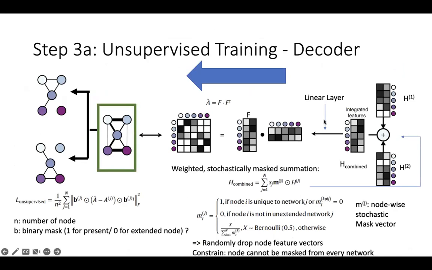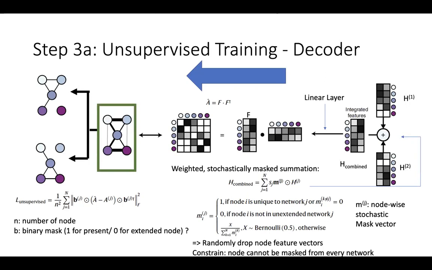Since they have that, they have a mask factor to do the summation. If this node is present in the input network and only unique to this one network, not in the others, we will assign the highest weight to this feature vector.